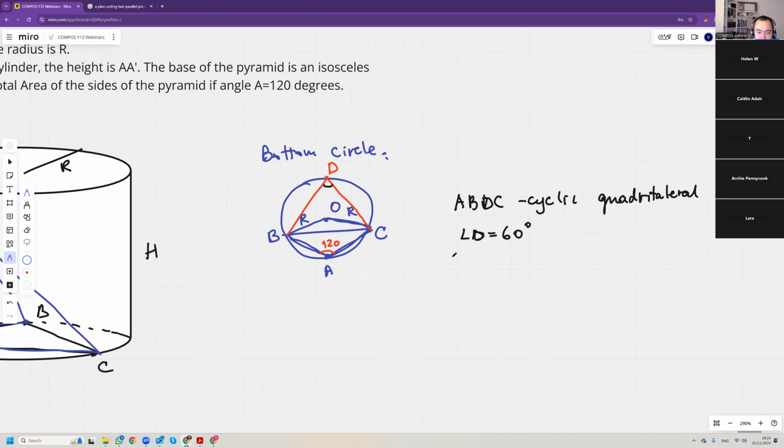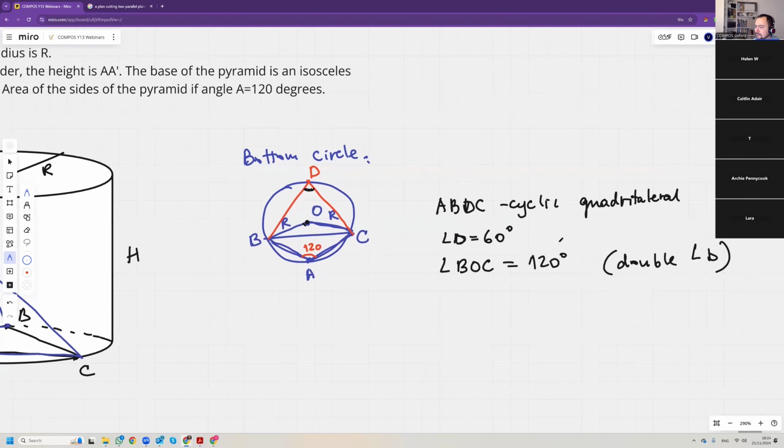Angle D is 60 degrees, and that means that angle BOC is double that, because the central angle is double the angle at the circumference. So BOC is 120, double angle D. Okay, everything making sense so far? Do ask me if you are unsure.